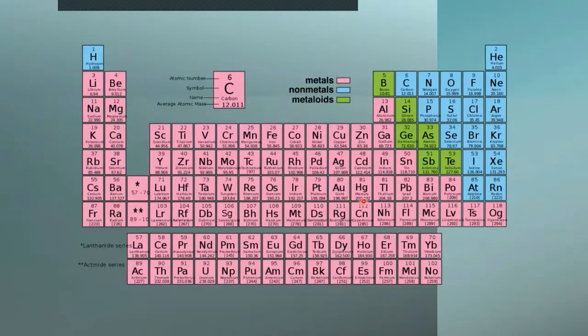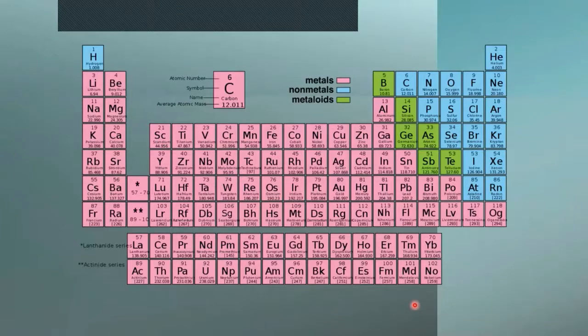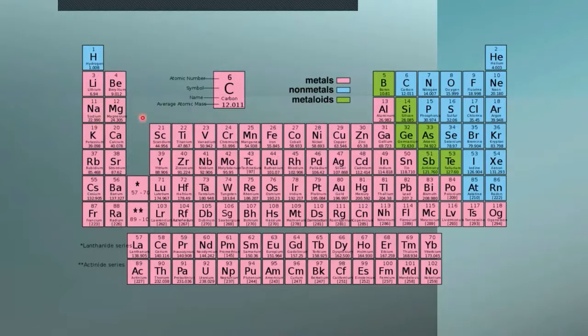The shade of pink, these elements are metals, and the shade of blue, these elements are non-metals, and this shade of green is the metalloids. All the elements are arranged in order according to their atomic number, from the smallest atomic number or number of protons up to the biggest value of their atomic number, arranged by row.